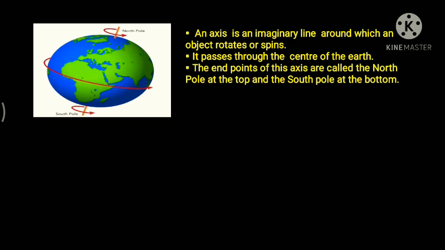Now, it is turned around on an imaginary line. This imaginary line is called an axis. The endpoints of these axes are called the North Pole and the South Pole. So, North Pole at the top and South Pole at the bottom.